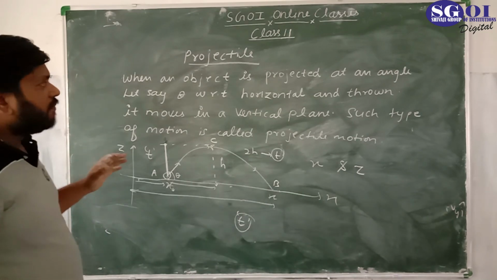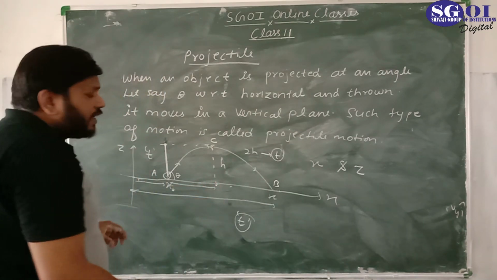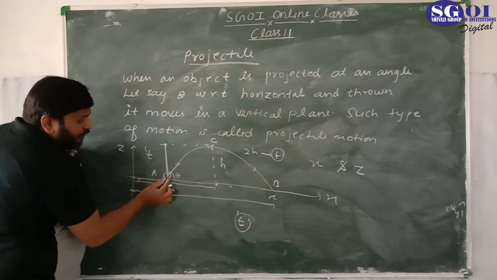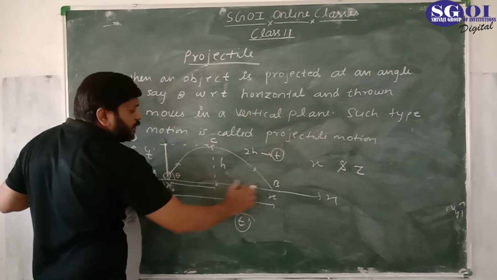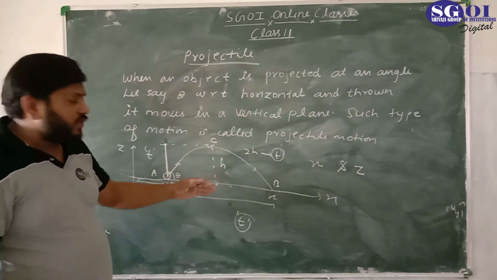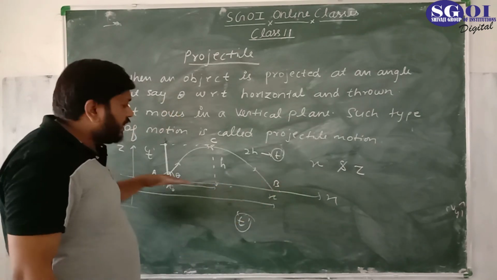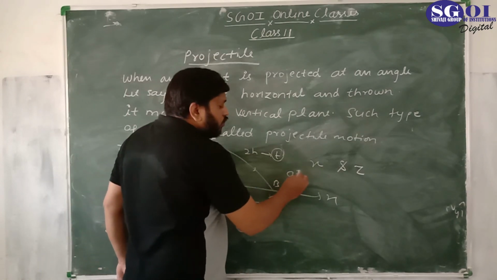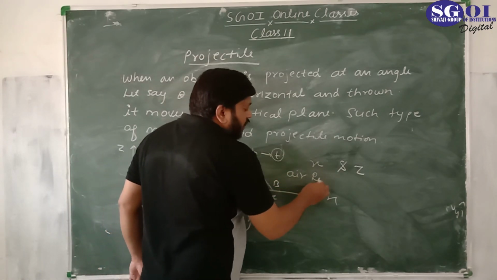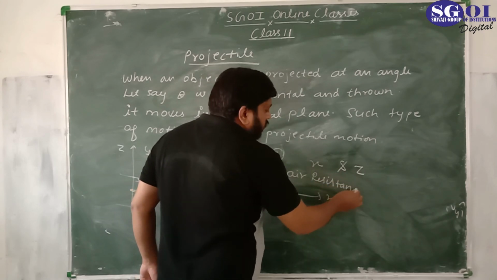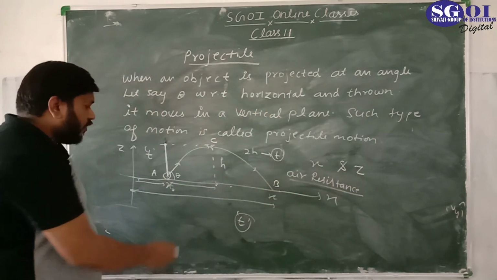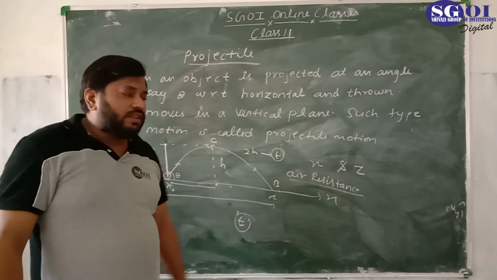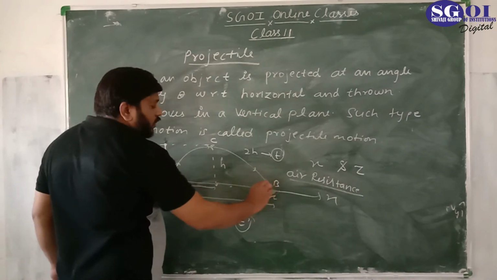There are many examples of projectile motion, and in projectile motion you have to keep one thing in mind: if we solve for this particular one dimension, the x-axis, the horizontal axis, we can ignore the effect of air resistance. We could neglect the effect of air resistance, because if the object is moving from here to here, the velocity of the object could not be changed.